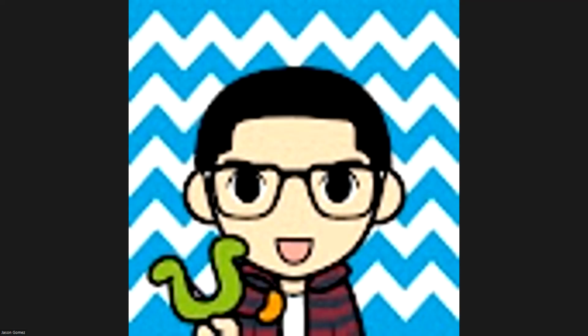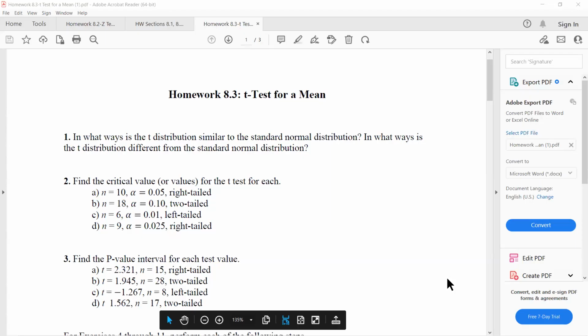They're also available on Canvas. The second question is going to be: find the critical value or values for the t-test for each one.